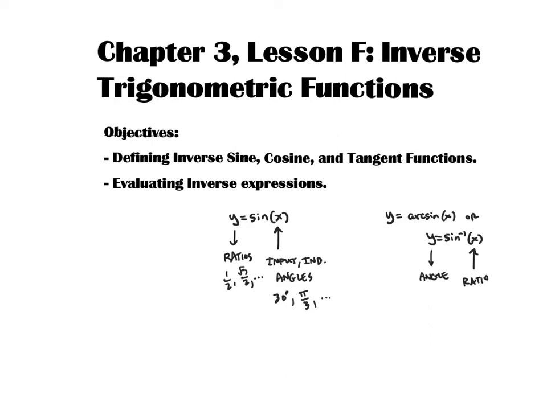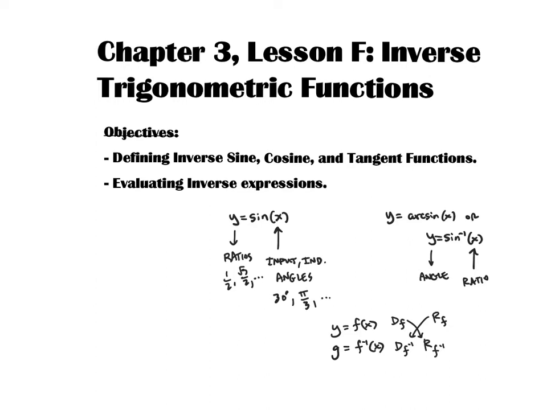So we've talked before about y equals f of x and g equals f inverse of x, and how the domain of f becomes the range of f inverse, and the domain of f inverse comes directly from the range of f.